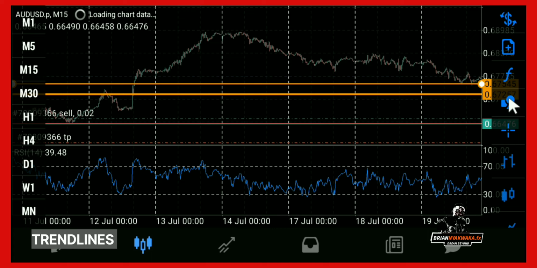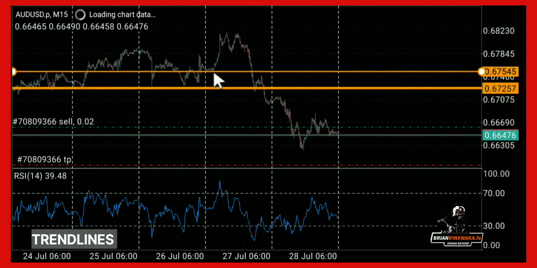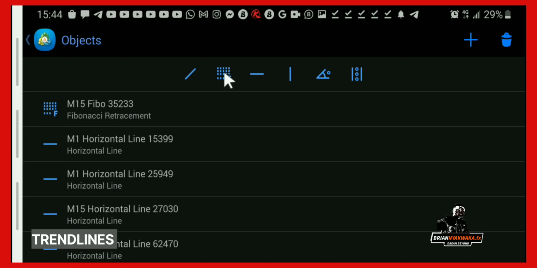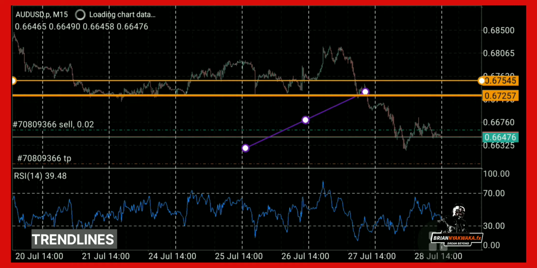You click on those symbols and then you go to this slanting line. And then we want to put our trend line very easily identifiable.